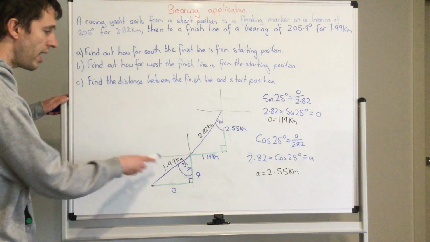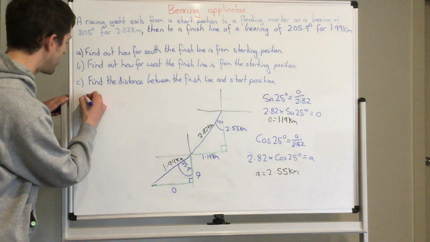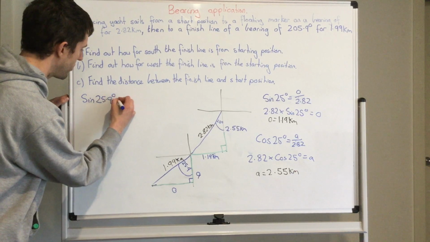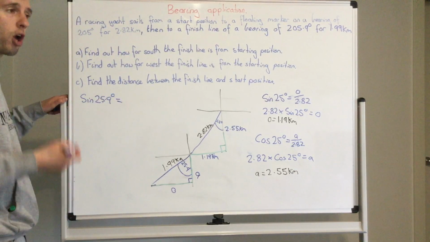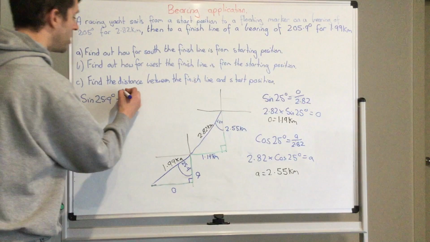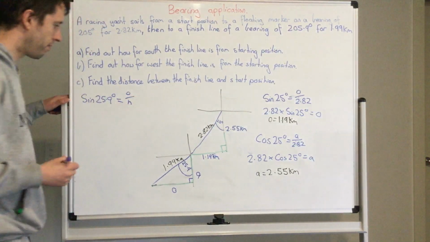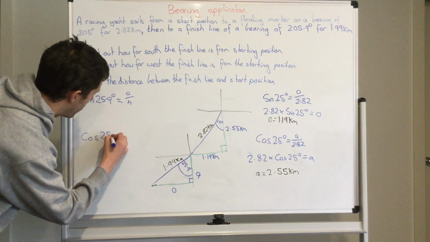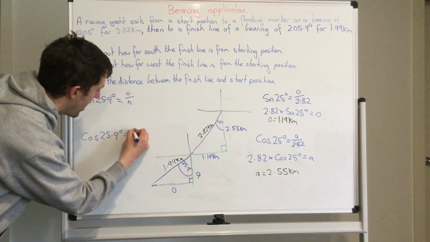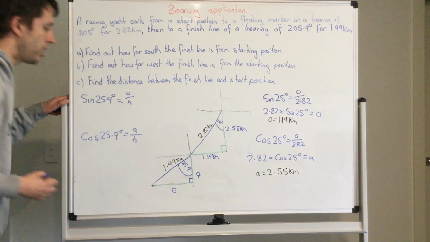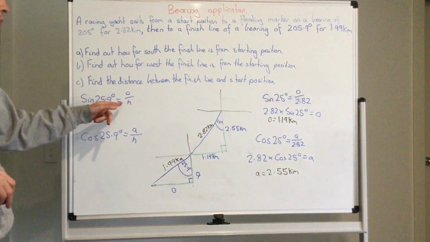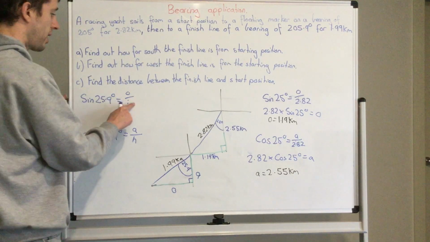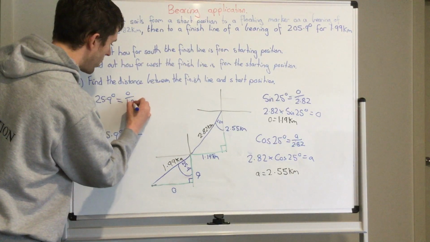To start off, I am going to be writing sin 25.9 degrees. Remember, sin is opposite over hypotenuse. Cos 25.9 degrees equals A over H, adjacent over hypotenuse. Now we know what our hypotenuse is. We know it's 1.99. So I can take that out and put 1.99.